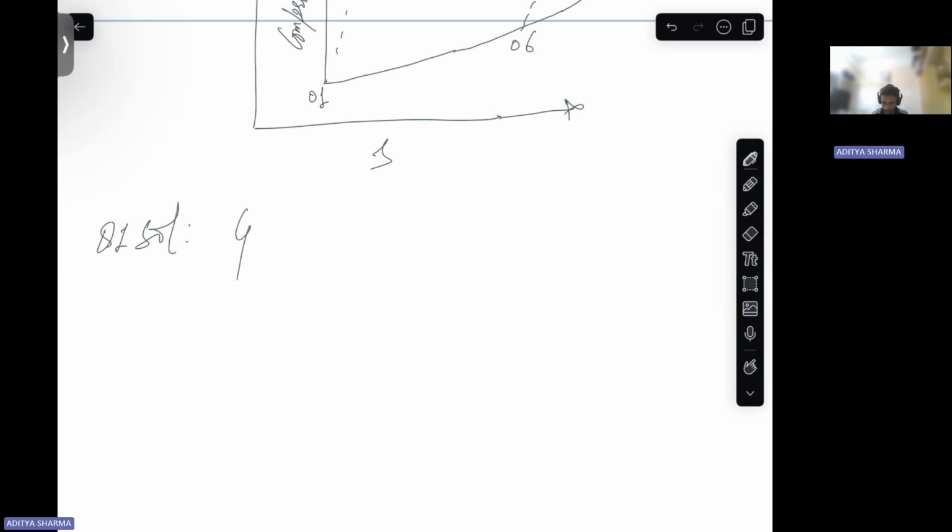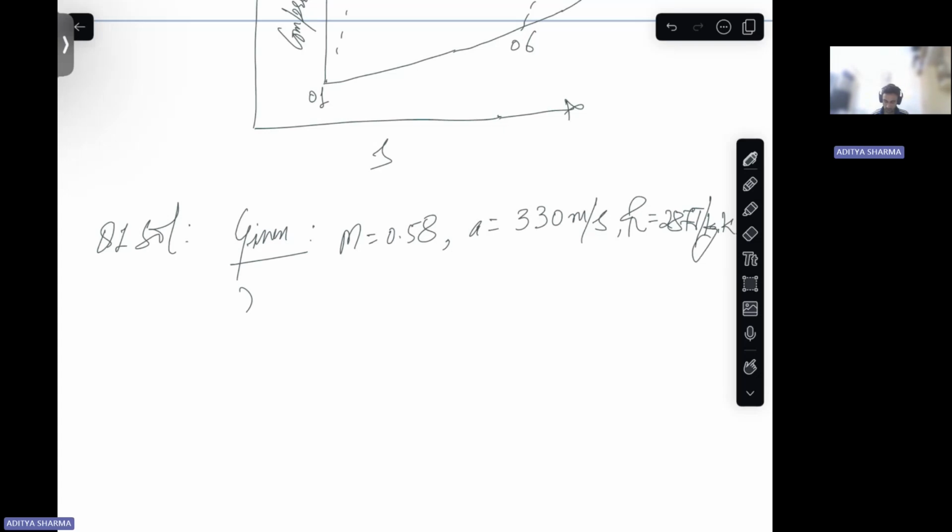What is given to us? Mach is given as 0.58. Then speed of sound in the medium has been given to us. Then gas constant has been given as 287 joule per kg Kelvin. Ratio of specific heat Cp by Cv is 1.4.